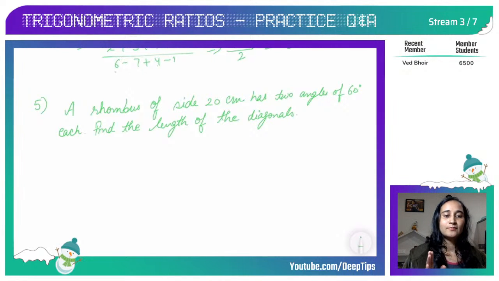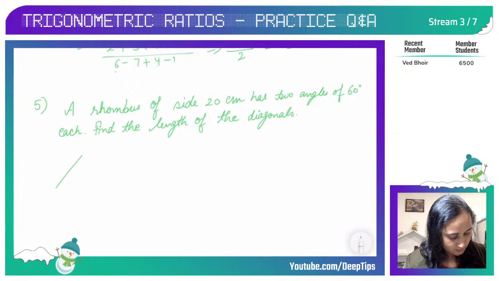So for this type of question, first you should remember the properties of the quadrilaterals. We know that a rhombus is a quadrilateral in which opposite angles are equal. So here they have clearly mentioned that two angles are 60 degree. So let's draw one rhombus.